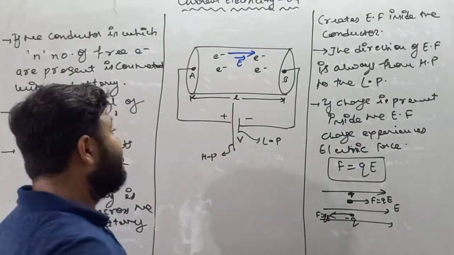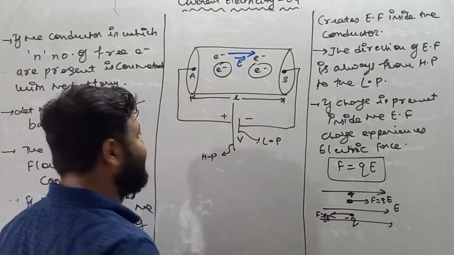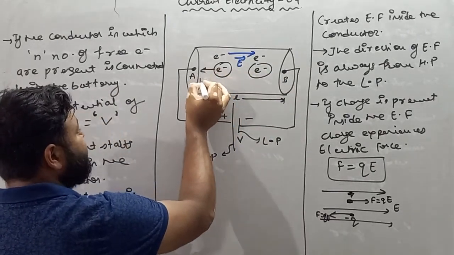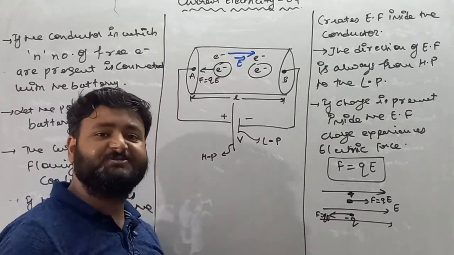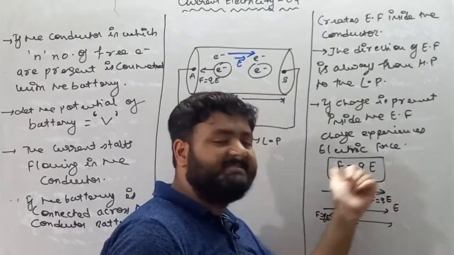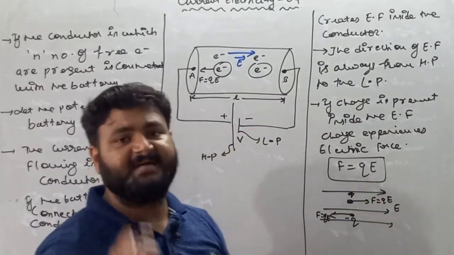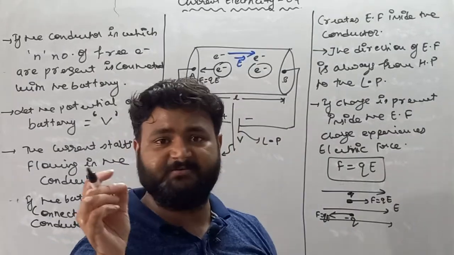So these free electrons experience electric force opposite to the direction of electric field, and it is F equals QE, because we know that if any charge is present inside the electric field, then that charge experiences electric force of magnitude F equals QE.